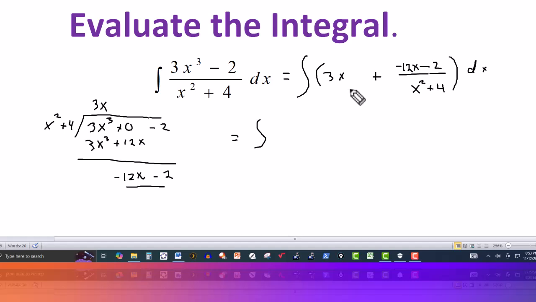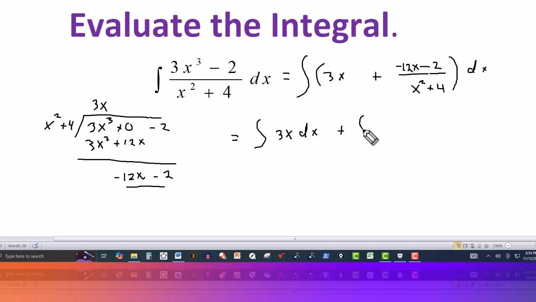I could just do it term by term here, but I'm going to separate these into 3 integrals. So this would be the integral of 3x with respect to x. And then this would be a plus here. And I'll break this up into minus 12x over x squared plus 4 and a minus 2 over x squared plus 4.